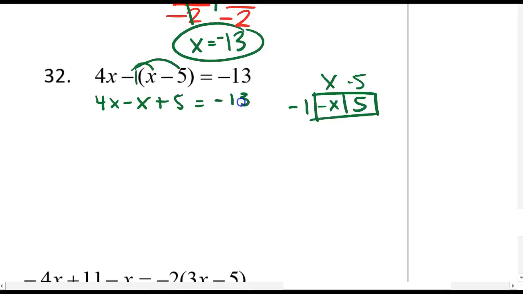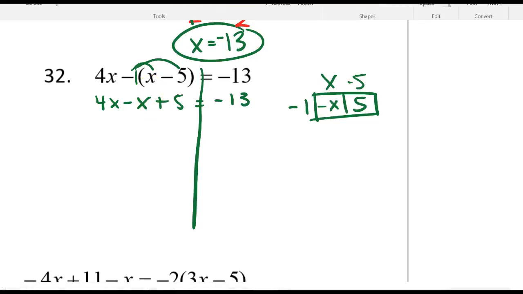Okay, now what you'll notice here is, in the problems before, we only had 1, maybe 2 terms on one side, but this time we have 3. And we want to simplify each side before we add and subtract something from it. Now what you'll notice here is that you have 2 terms that are like each other.